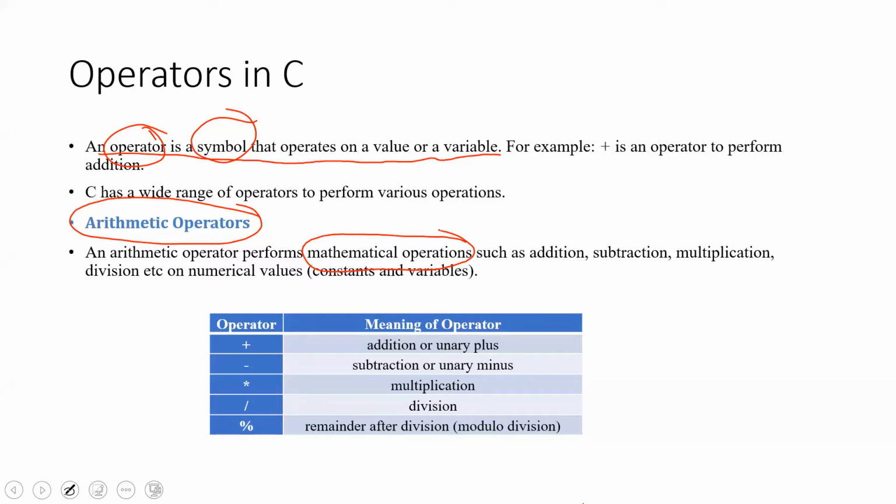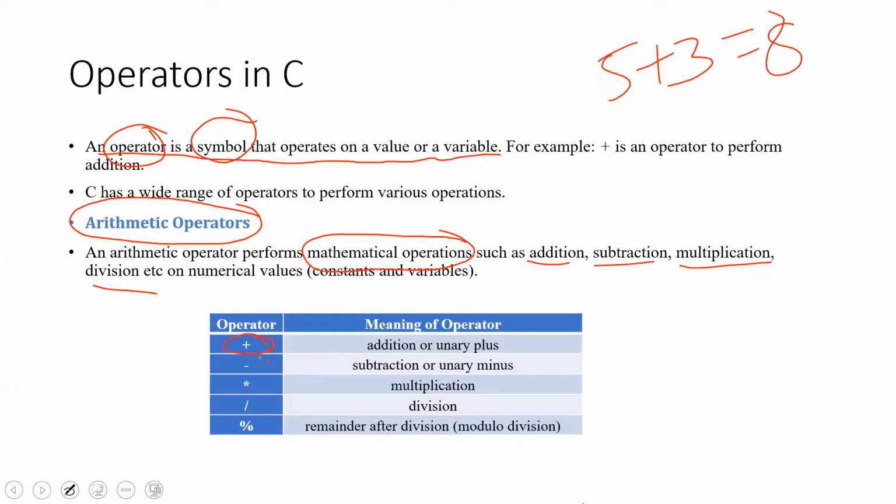Arithmetic operators are addition, subtraction, multiplication, division. All these things come under mathematical operations. We know that for addition we use the operator called plus. I can say 5 plus 3, so the output will be 8.